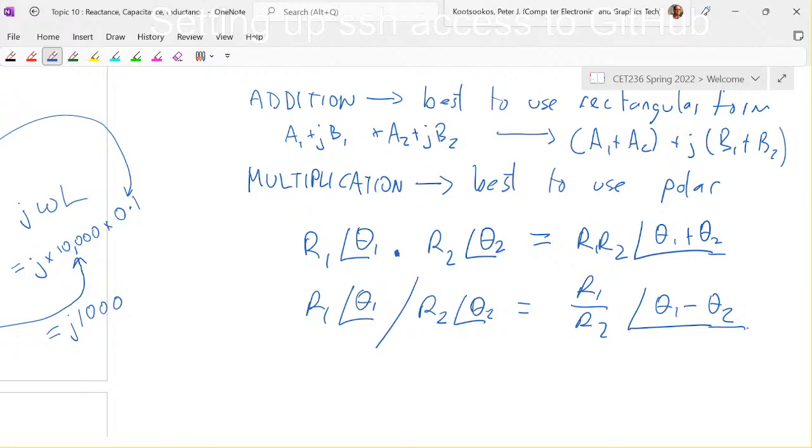So I've got my voltage in polar form. I'm dividing it by another one, so I probably want to convert the other one also to polar form.